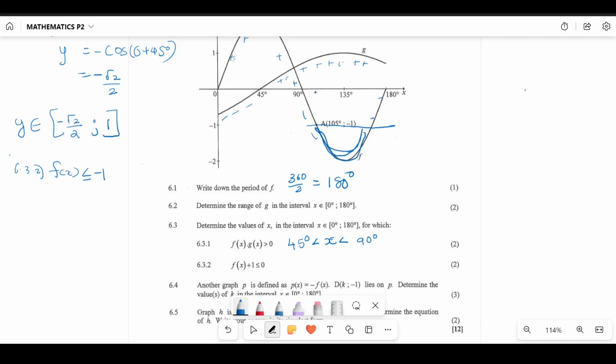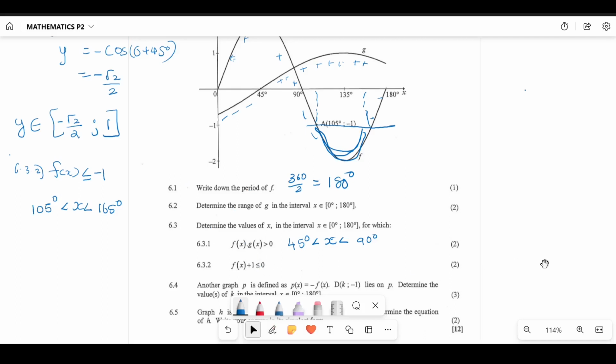The corresponding x value is from here, the A here, it's 105. You must also find this value. You can use symmetry to find that value. 105 is 15 degrees more than 90. So this point will be 15 degrees less than 180, which will be 165. So f is less than or equal to negative 1 for x between 105 degrees and 165 degrees.